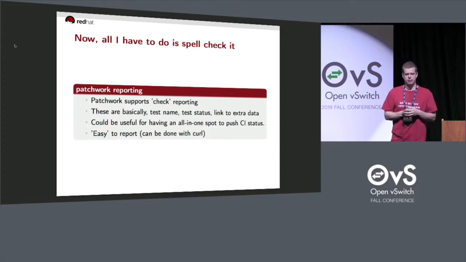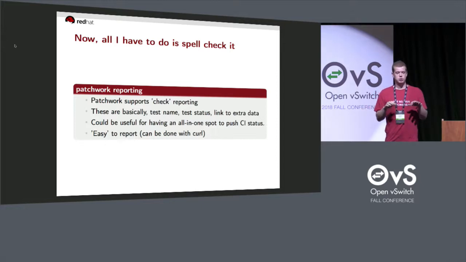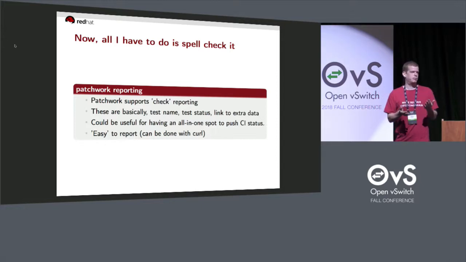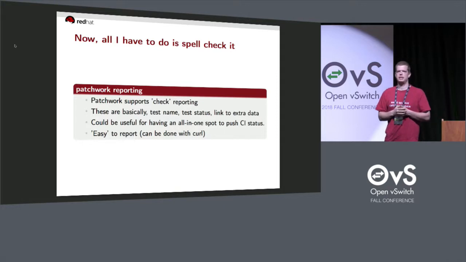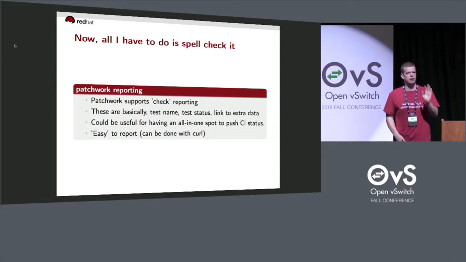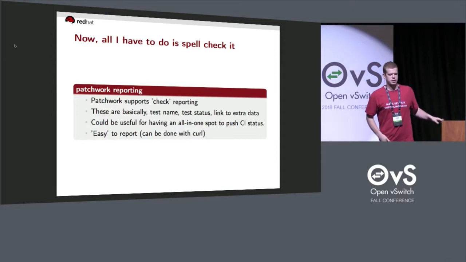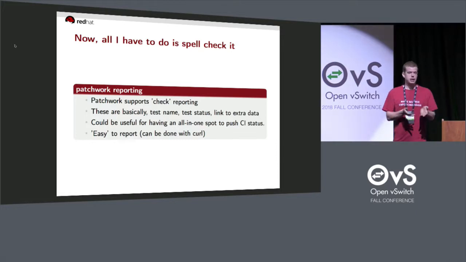It can be useful to not spam the list with lots of different test results, but to still aggregate those test results in some place so that when a maintainer is going to apply a patch, they can go and look and see, okay, there are extra tests here that failed.